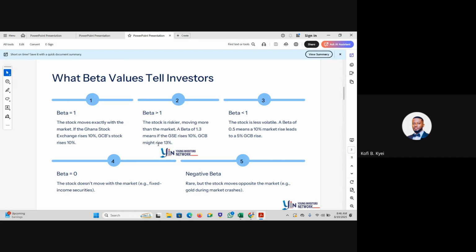Yeah, so it's a limitation of beta, as we saw in the slides. It doesn't factor in political risks, but these are risks that can impact the performance of a stock like GCB, because GCB as an institution is exposed to government as well. Government has a lot of shares in it. So if government is making decisions, it affects the institution.